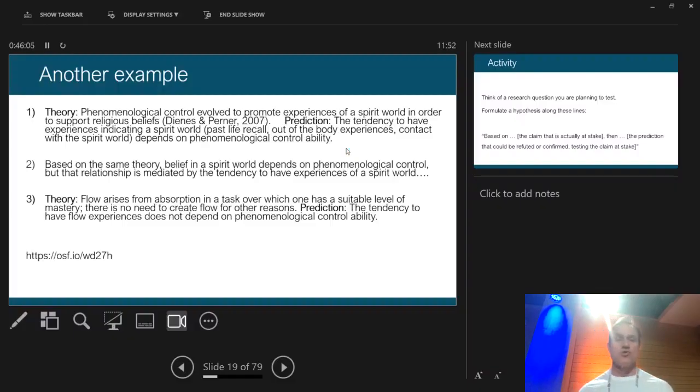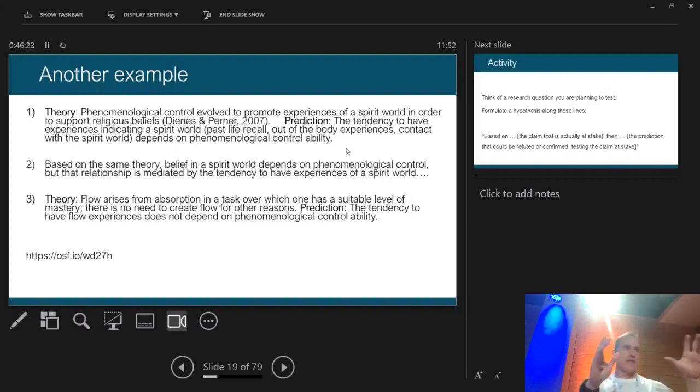So, theory: phenomenological control evolved to promote experience of a spirit world in order to support religious beliefs. Prediction: the tendency to have experiences indicating a spirit world, past life recall, out-of-body experiences, contact with the spirit world, depends on phenomenological control ability.